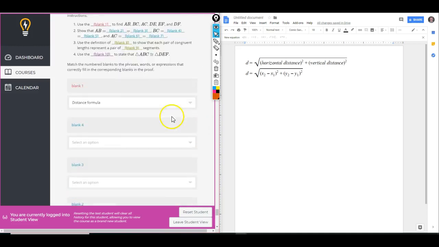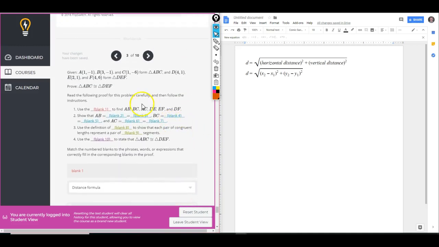So we have to know which segments are going to be corresponding to which segments, and this is how I know. They're listing it off as triangle ABC, and this is listing it off as triangle DEF.